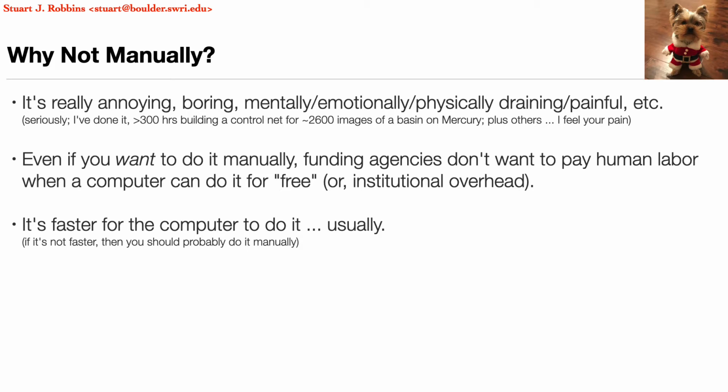Plus, it's usually faster for a computer to do it. If it's not, your automated code needs work, or you should do it manually. If it's 1 to 2 images, do that manually. There's no point in really sticking an automated code on it if it's really small. But in this case, we're dealing with really big.